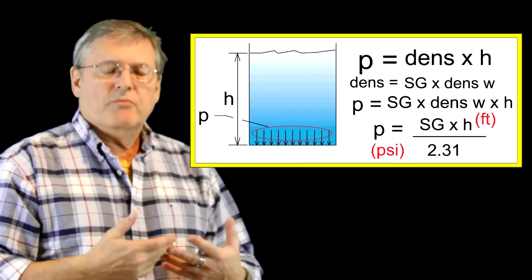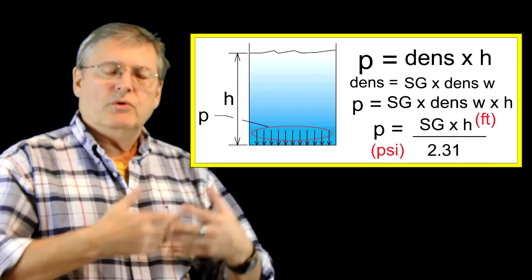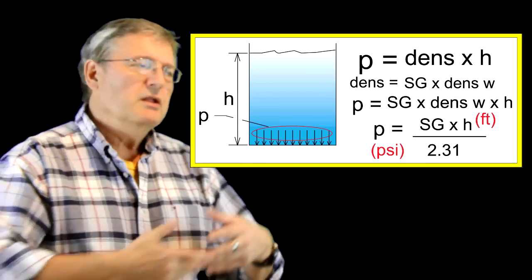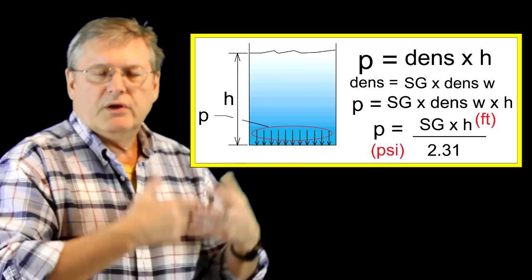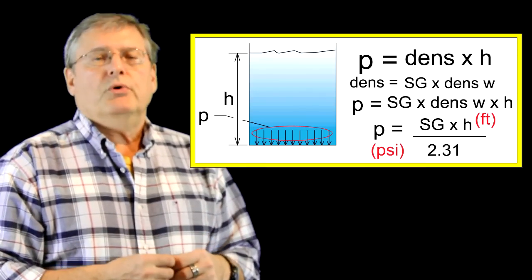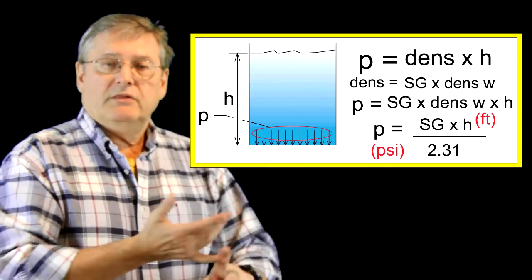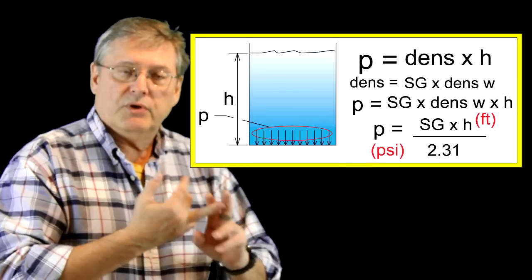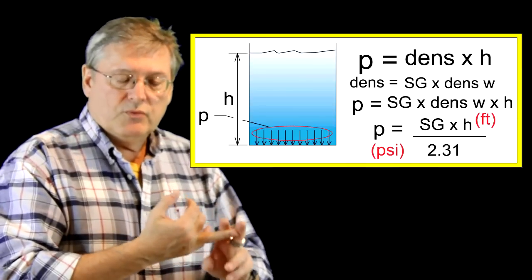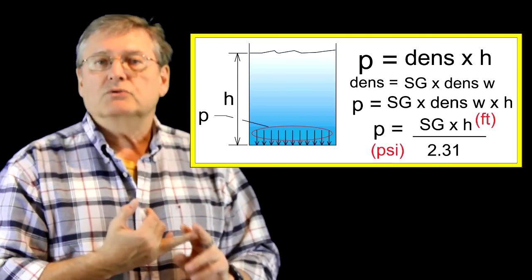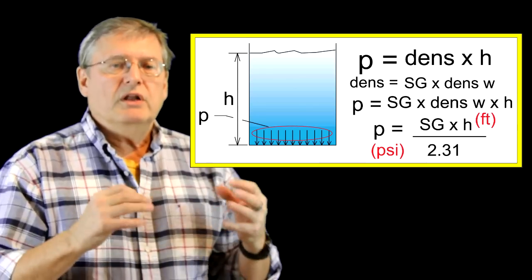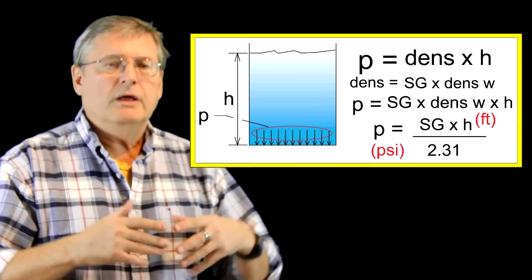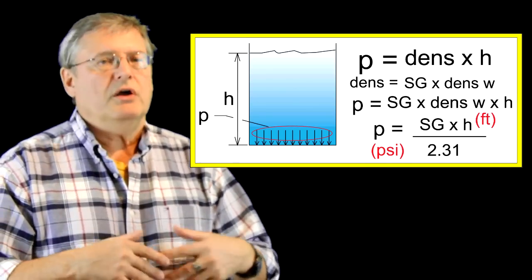But this then comes down to a very simple formula where pressure is equal to specific gravity of the liquid times the height divided by 2.31. The height has to be in feet, and you will have the pressure with this equation in PSI, or pounds per square inch. So this is a very nice, simple, concise little formula that we can use in a lot of interesting areas.